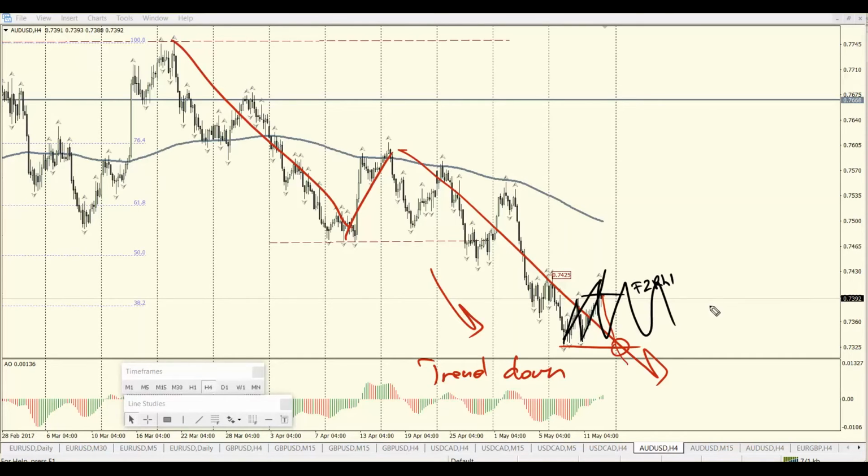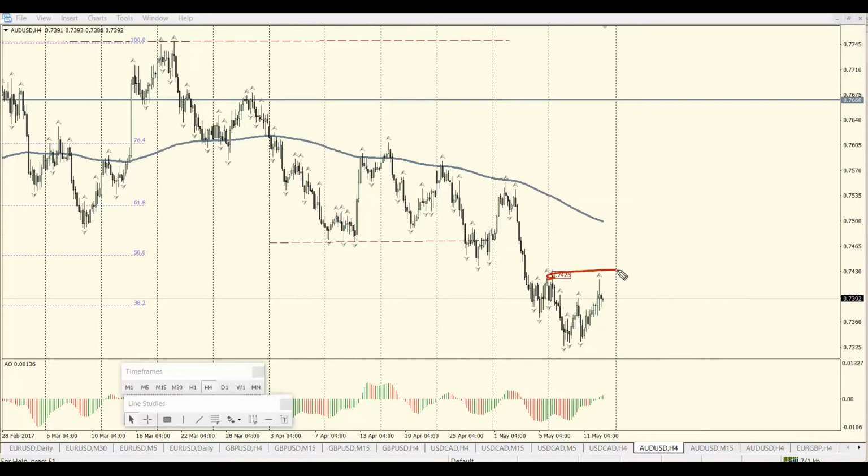So we are in an H1 flat phase. So for me to work with that trend down, I need new lows to keep using my trend following trading system down. This pivot is still not broken, so there is still a chance that this trend will proceed down. We'll see what will happen.